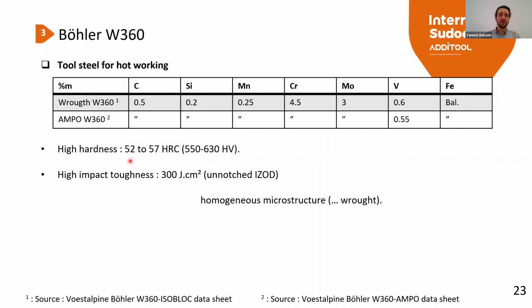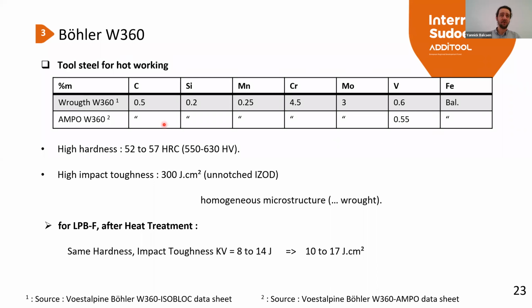It's said to have a relatively high hardness, high impact toughness, and in as-built condition it has a homogeneous microstructure. The powder provided by Böhler is given for the same hardness and quite comparable impact toughness on conventional V-notched samples.